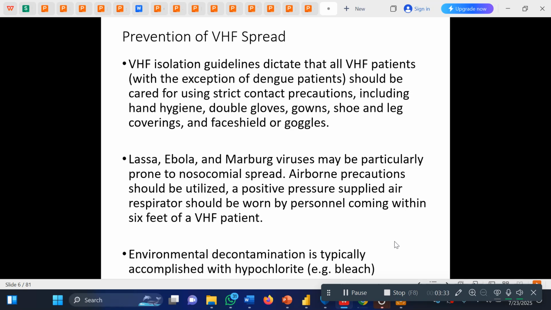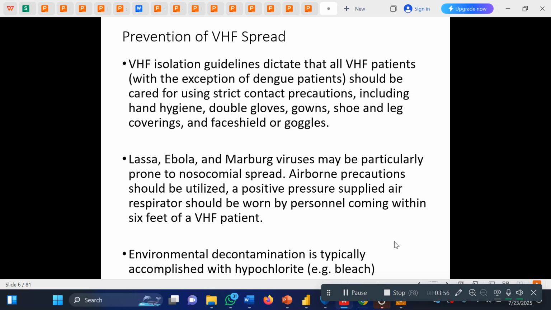Now, how do we prevent the spread of viral hemorrhagic fever? The guidelines dictate that all viral hemorrhagic fevers, with the exception of dengue fever, should be cared for using strict contact precautions, which include hand hygiene, wearing double gloves and gowns, shoes and leg coverings, and a face shield or goggles.